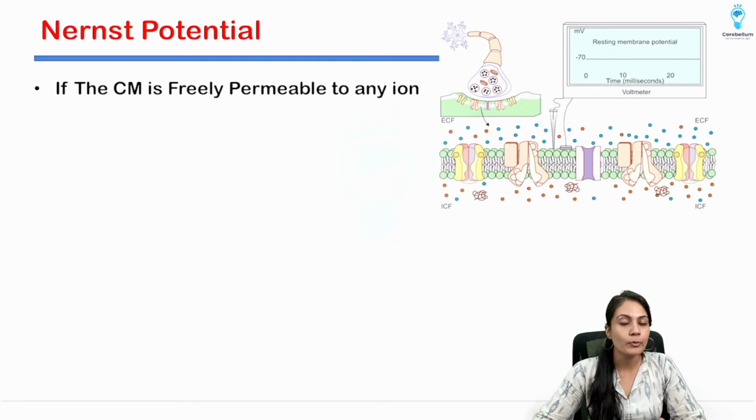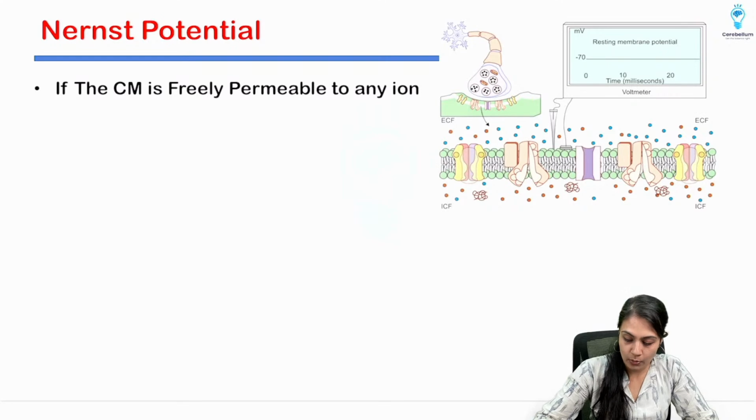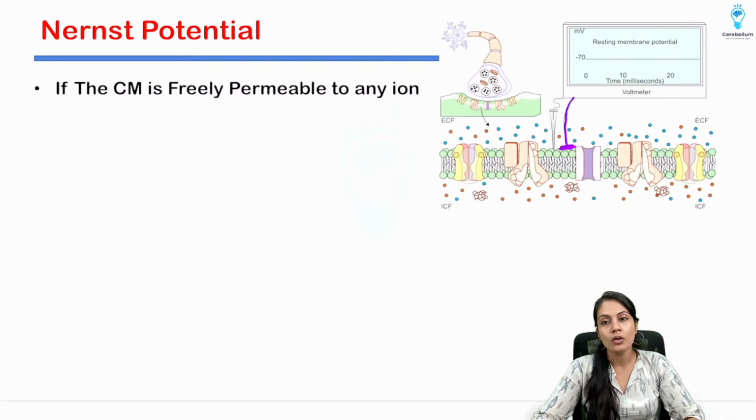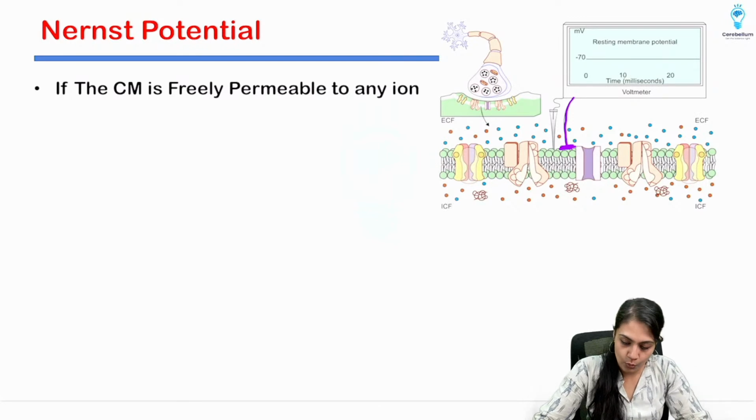So what I'm going to do, I'm going to take a cell, I'm going to put a surface electrode, and then you can see over here in the diagram, there are two electrodes. One is the surface electrode, which is just outside of the membrane, and there is one more electrode which is going inside. This is a micropipette electrode.